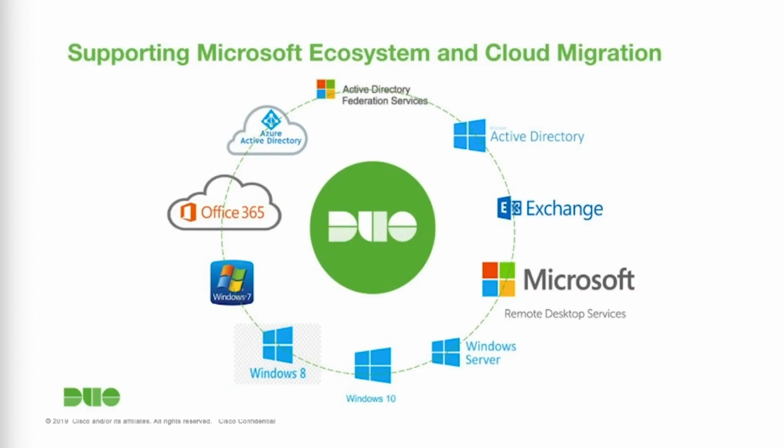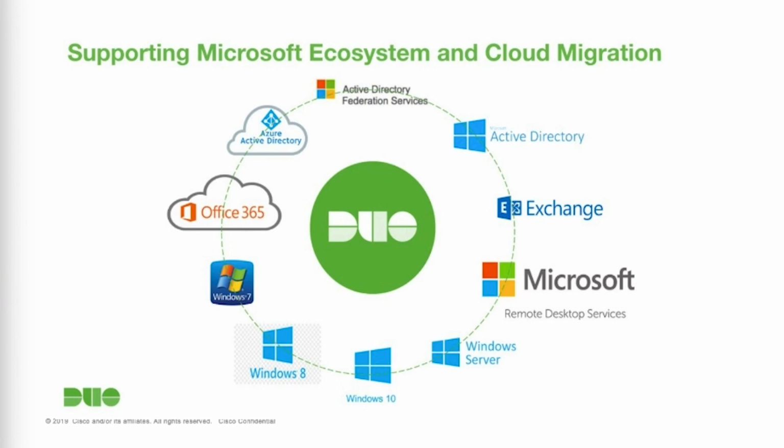So we can help any organization get to the Microsoft Cloud faster. And we do that by working with all of these popular Microsoft applications, both on-premise and on cloud environments. We tie into your existing directory, whether that's Active Directory and Azure Active Directory, and federation services like ADFS and Azure.